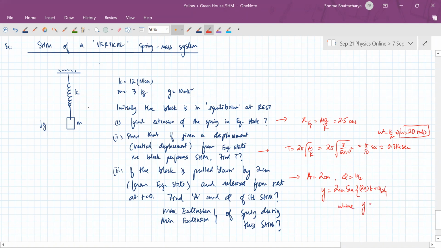Where y represents the downward displacement from the mean position.